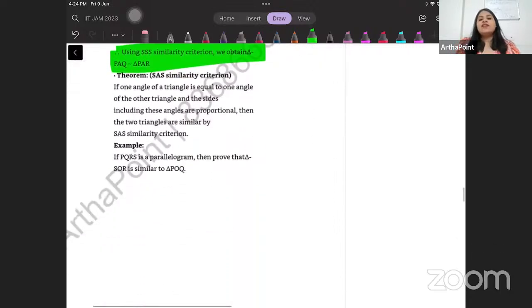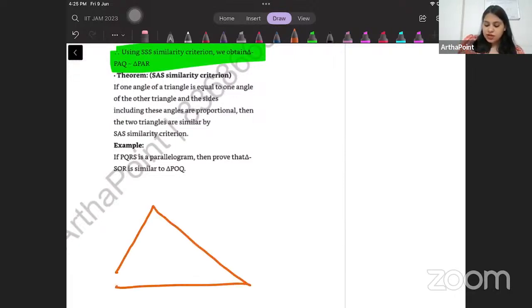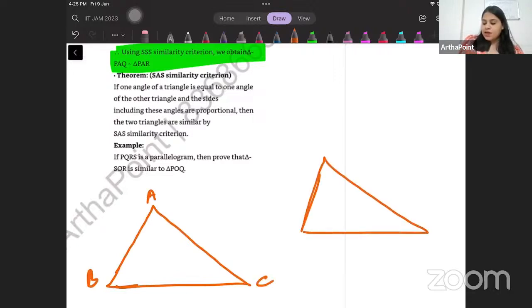Now you also have something which is known as, beta, SAS criteria, side, angle, side. So if one angle of a triangle is equal to one angle of another triangle, right? And the sides between these angles are proportionate, then the triangles are similar. So beta, look. This is triangle ABC. This is triangle DEF.